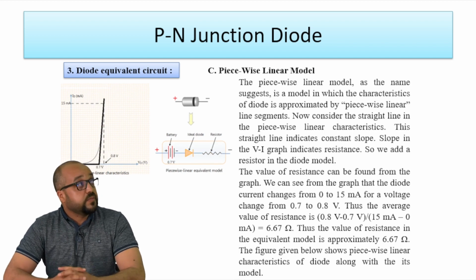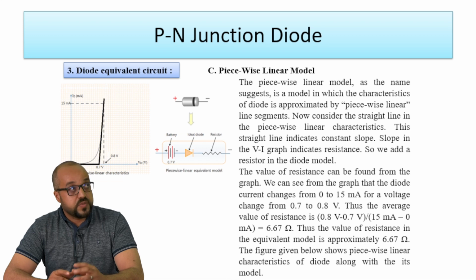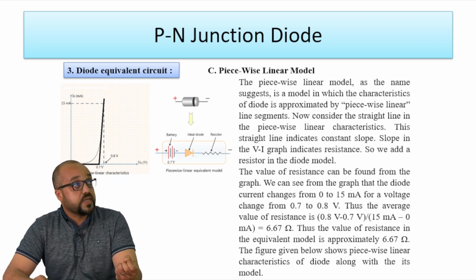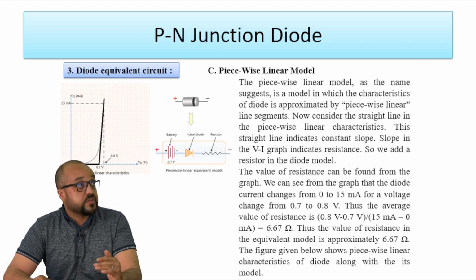In the last model, we have the piecewise linear model. As the name suggests, in this model the characteristic of the diode is approximated by piecewise linear line segments. Considering the straight line in the piecewise linear characteristic, this line indicates a constant slope. This slope in the IV characteristic means that we have a resistance, so we add a resistance in the diode model.